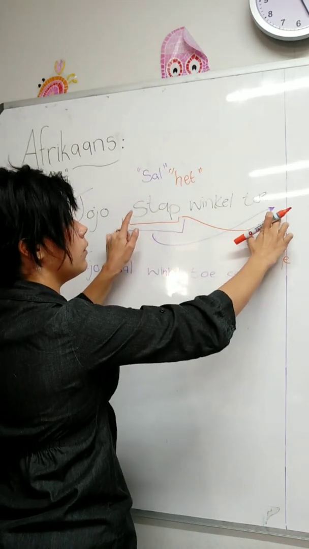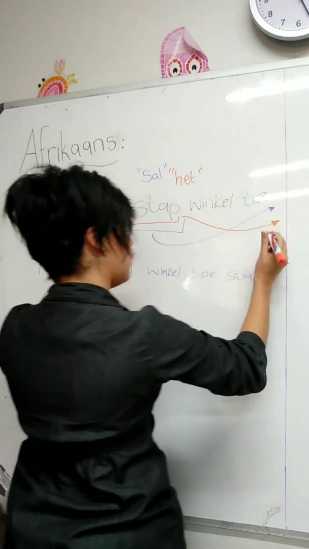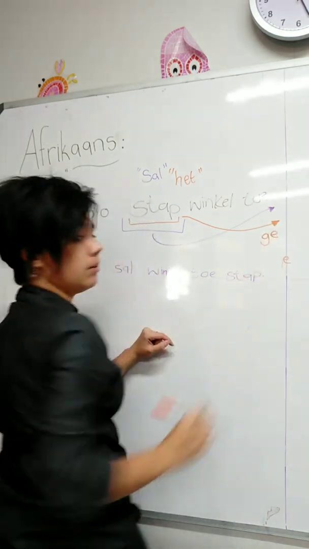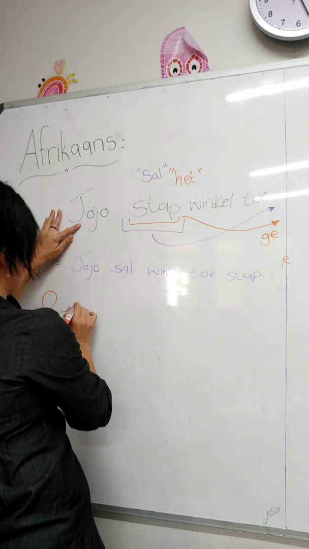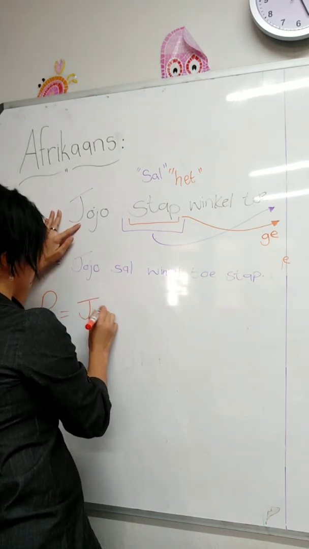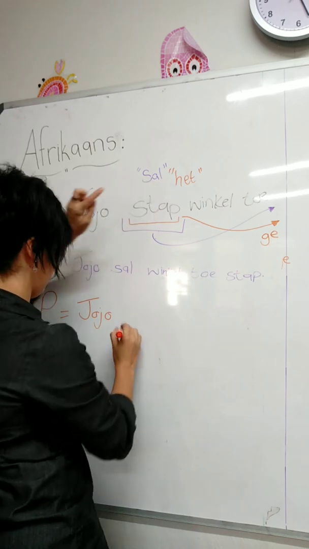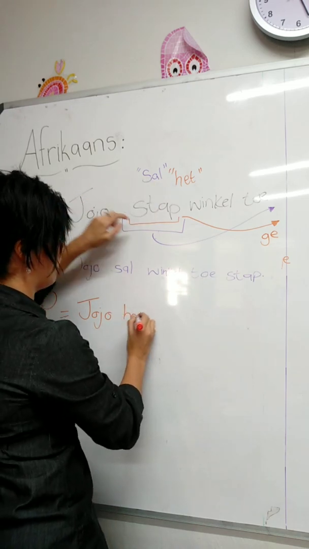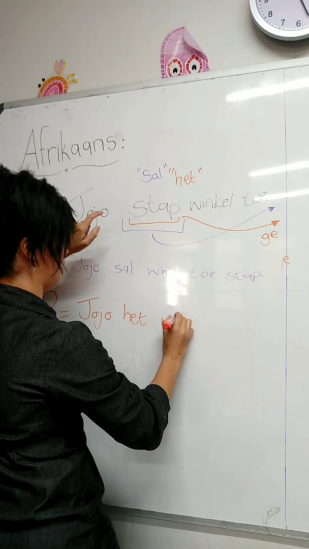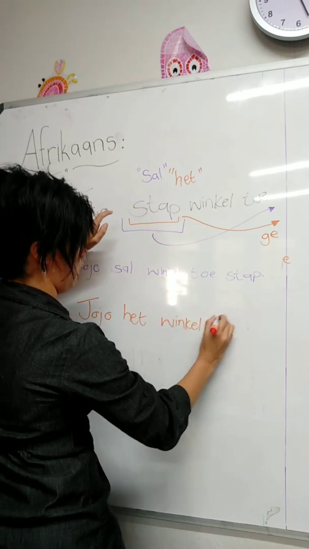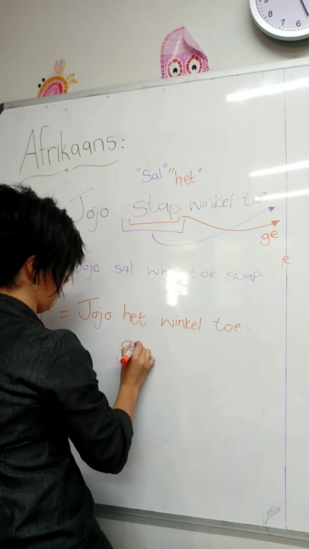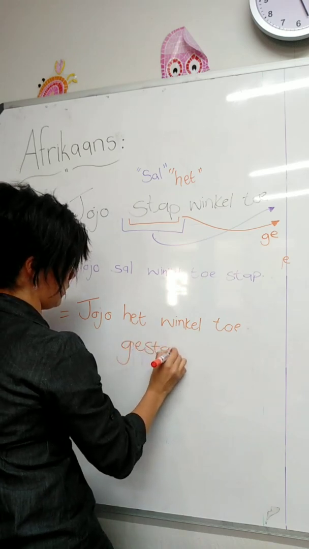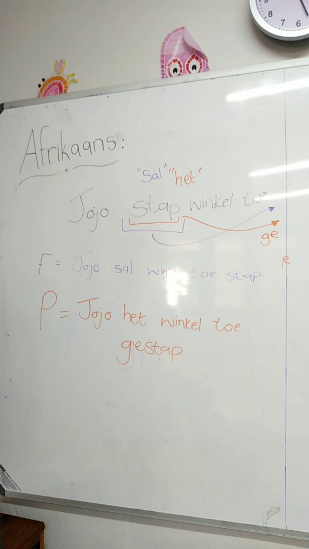And then the verb that you took to the back, you added GE to the beginning of the word to make the verb past tense as well. Let's see. Jojo het winkel toe gestap. Okay, and then that word is past tense.